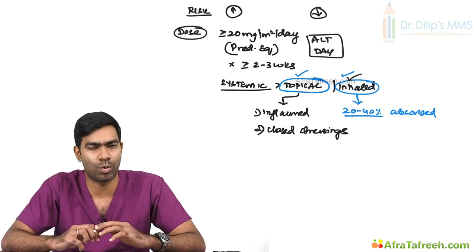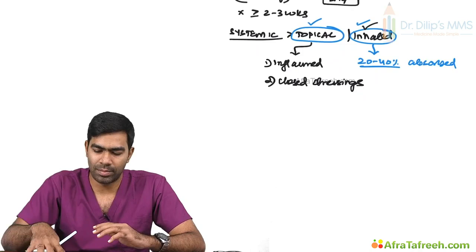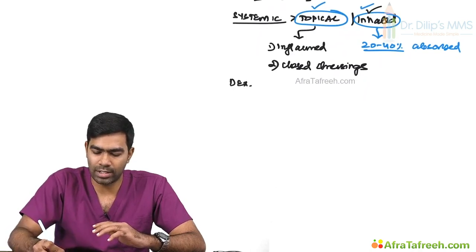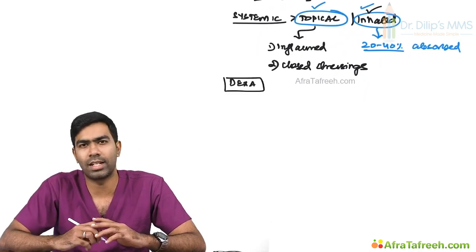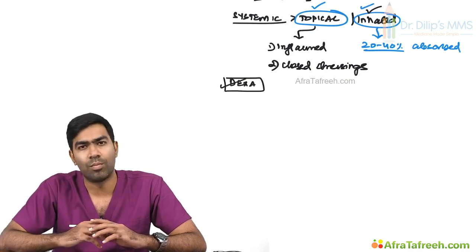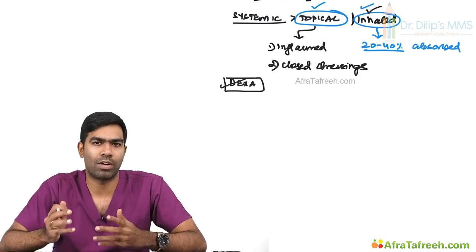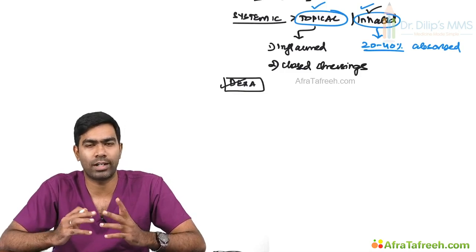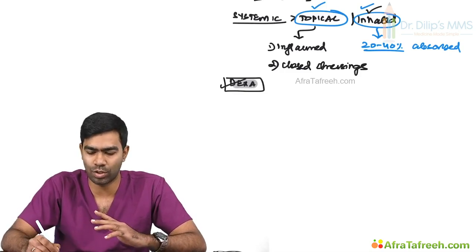That's the important take-home point. Similarly, long-acting synthetic agents like dexamethasone have more risk of developing Cushing syndrome compared to short-acting ones like hydrocortisone. This should also be kept in mind.